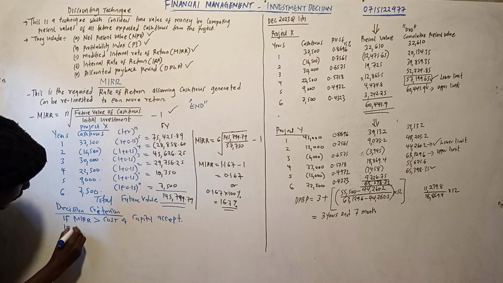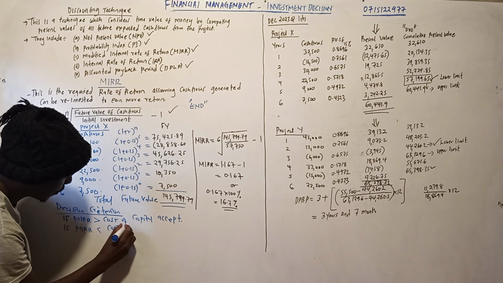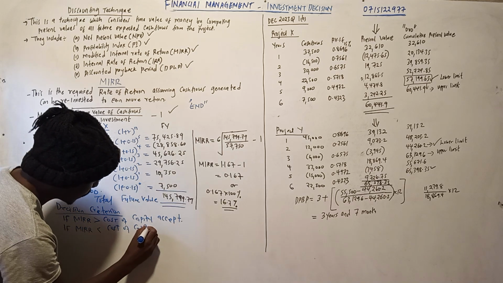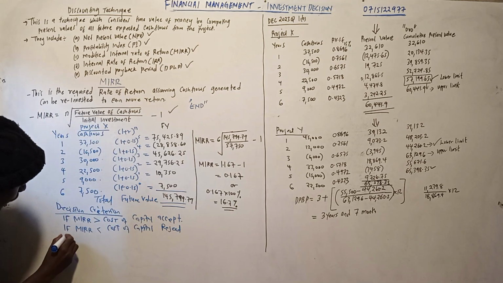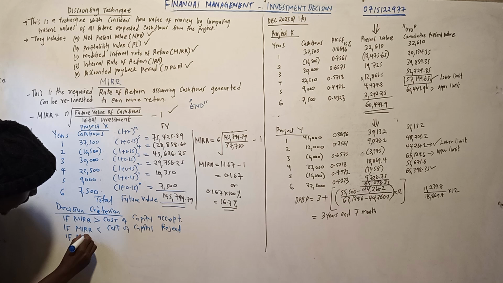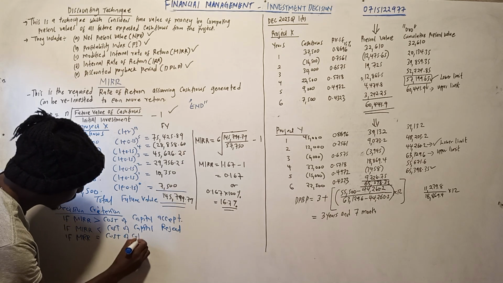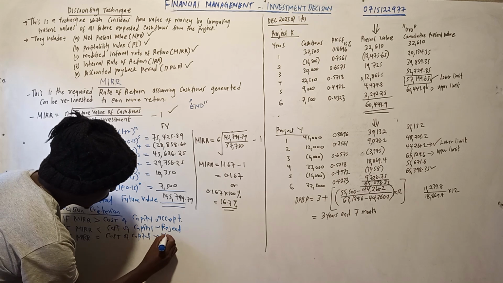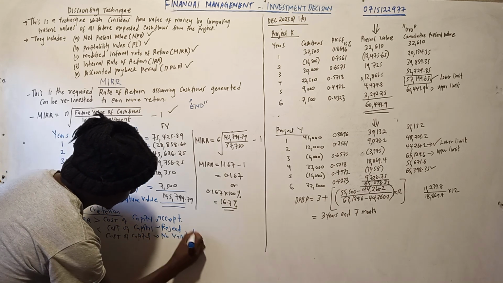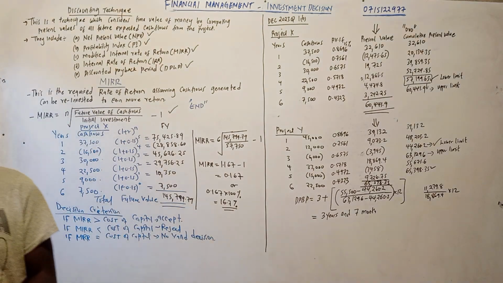If MIRR is less than the cost of capital, reject. Then if MIRR is equal to the cost of capital, there is no valid decision. No valid decision means it's a point of indifference.